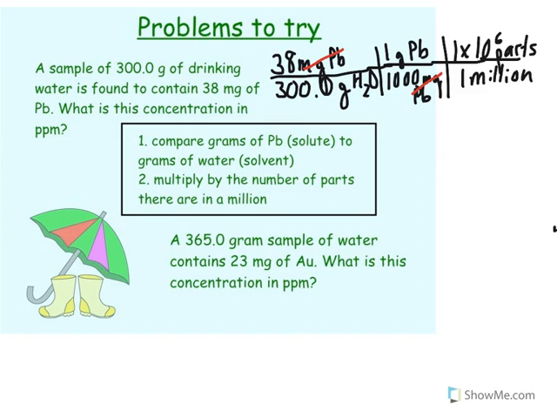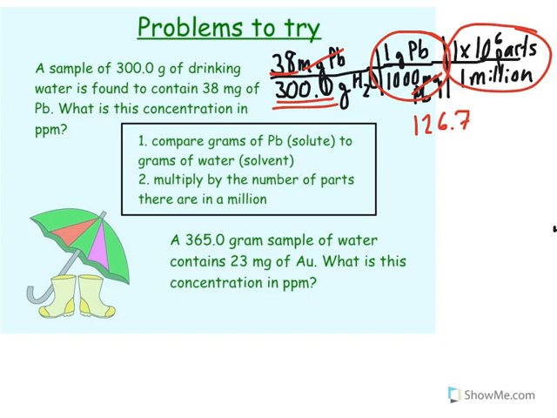And if you work this through, we find that there's 126.7 parts per million. Now in terms of significant figures, we look and see, what were the numbers that we started with? Because this 1 times 10 to the 6th is a definition. So we're looking back to the beginning here. There's 38 and 300.0. So we're going to have 2 sig figs in our answer.